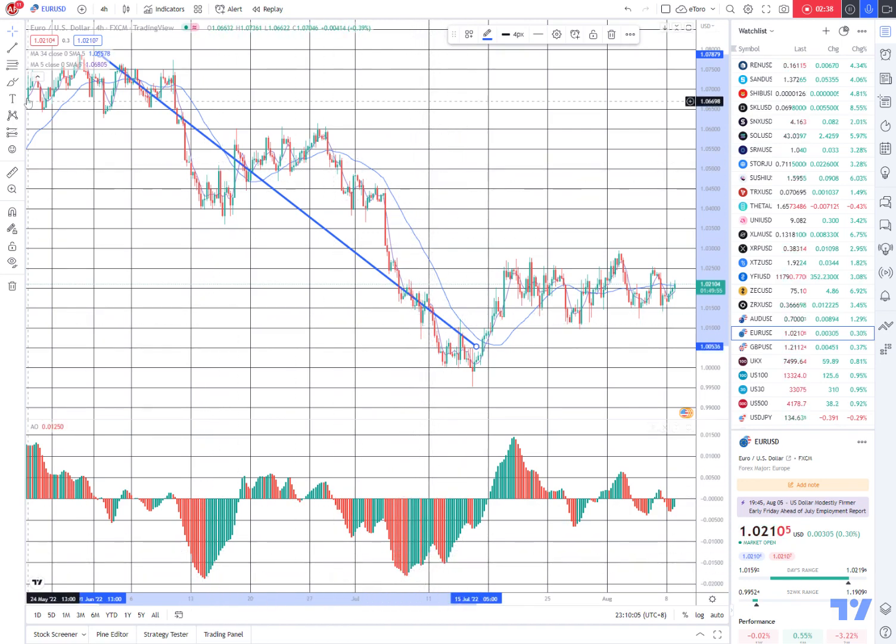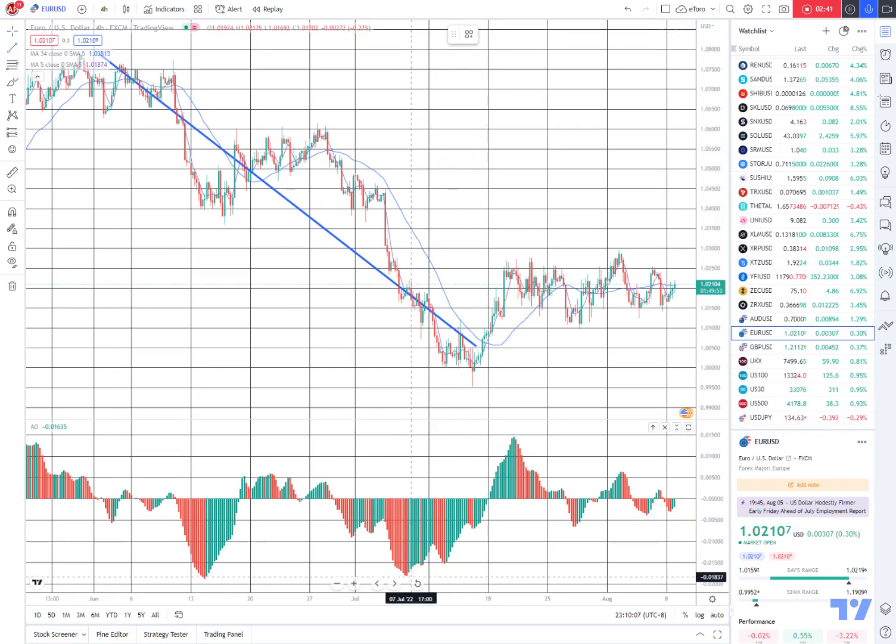So you can see if you add another line here, we have higher lows, but in reality, on the price action, we can see we have lower lows.